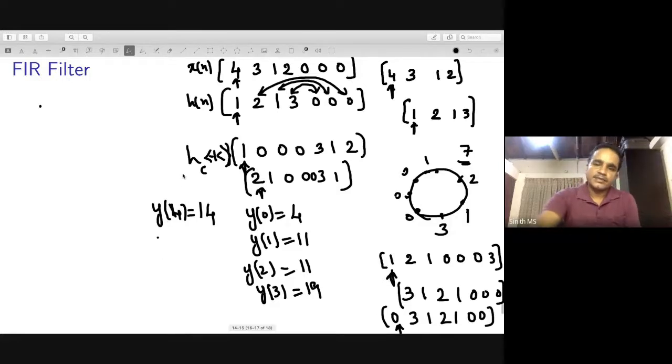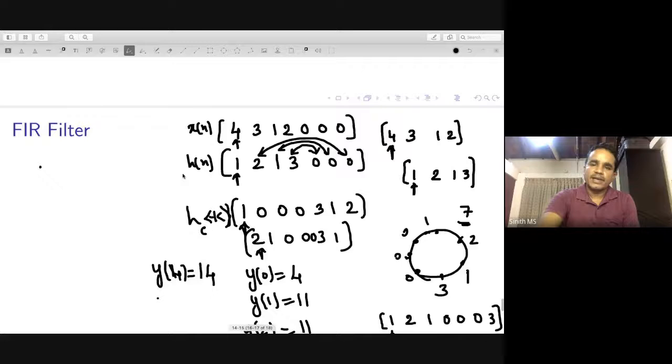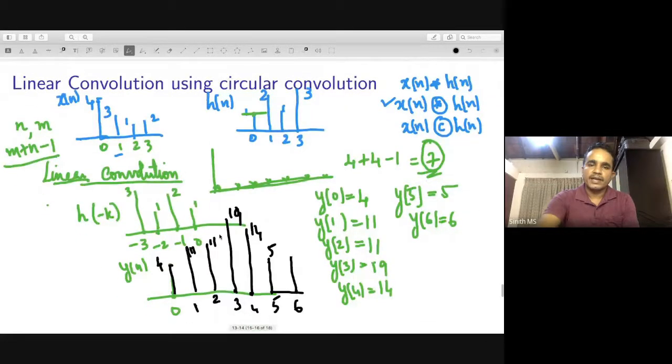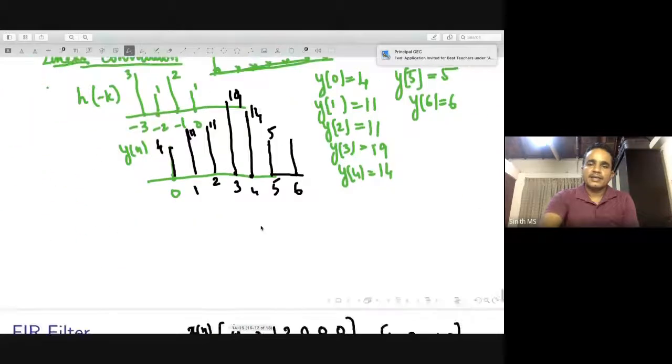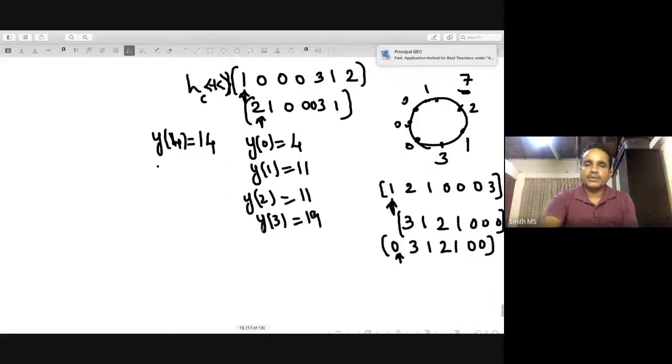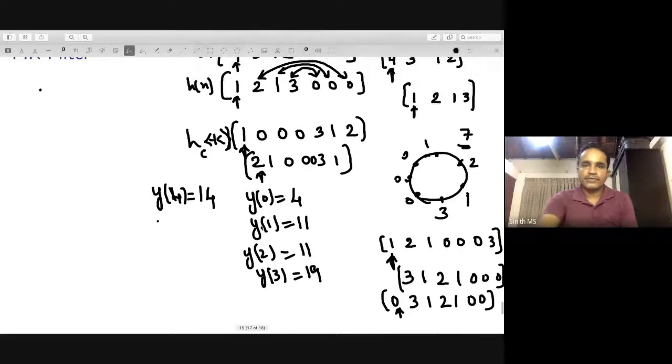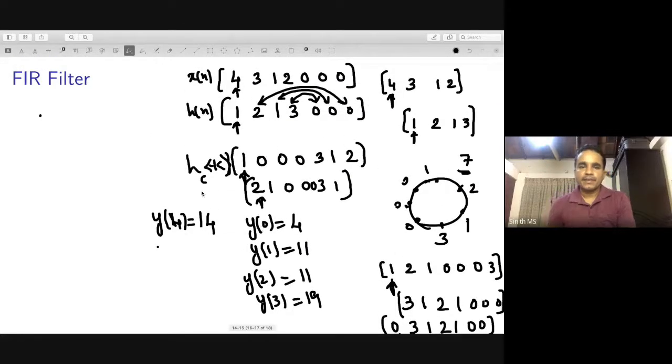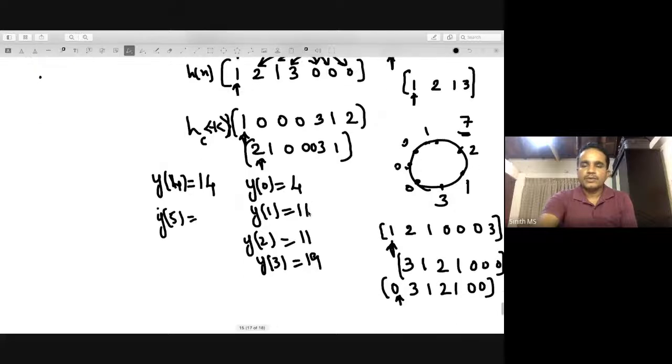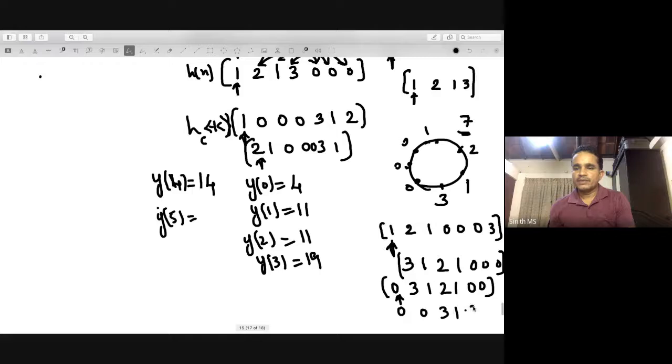So let us see whether they are correct or not. 4 11 11 19 14, 4 11 11 19 14. And again you do the other, y5. What is y5? Again, you do the shifting. You have two zeros, then you have 3, 1, 2, 1, 0.